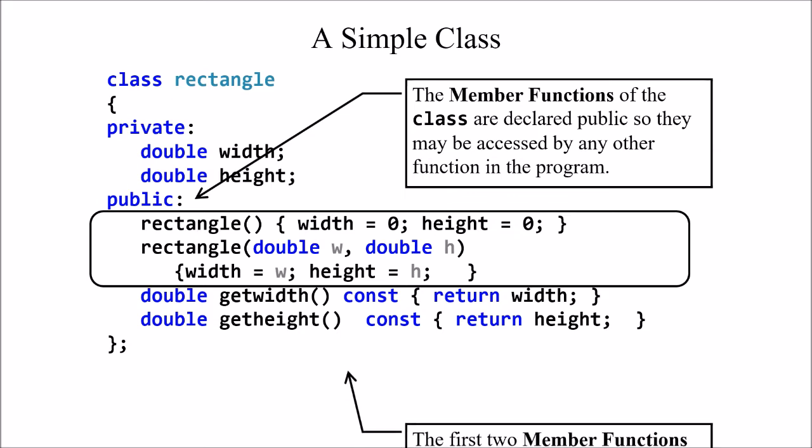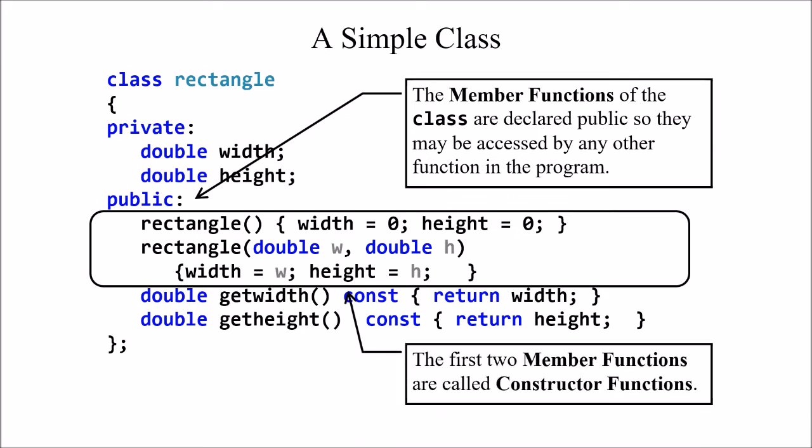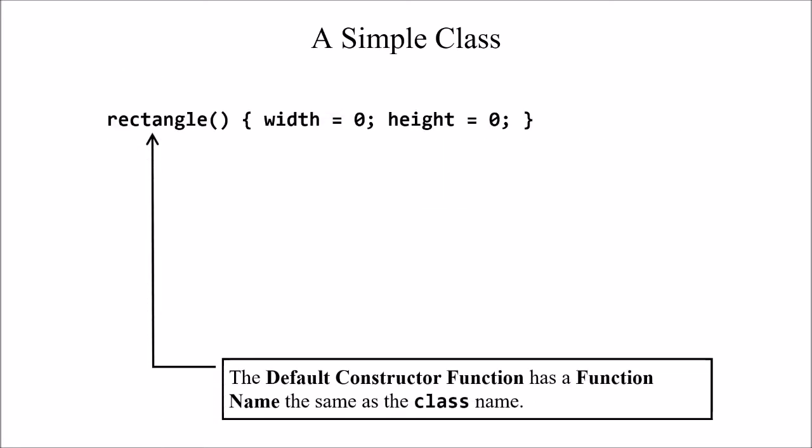The first two of the member functions are called constructor functions because they are called when the object is created from a function call inside the main function. The first of the constructor functions, to start with, the name of the constructor function matches the name of the class.